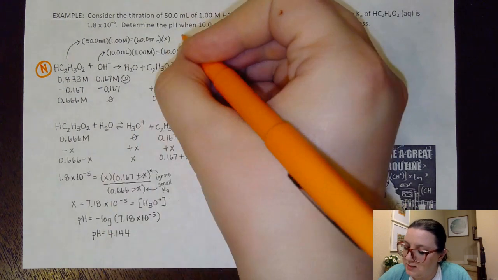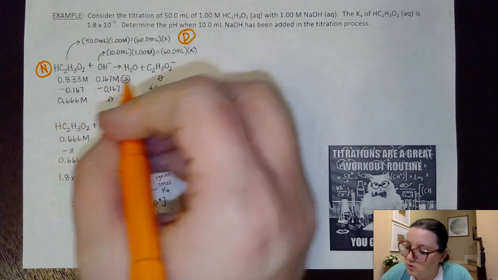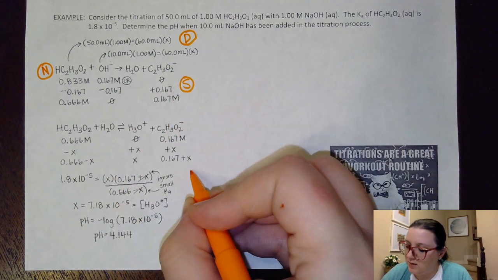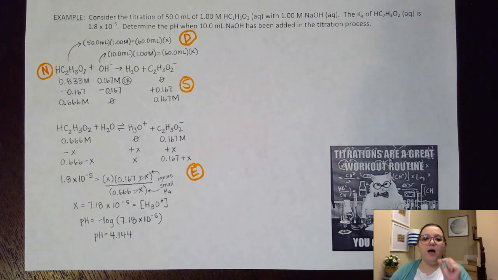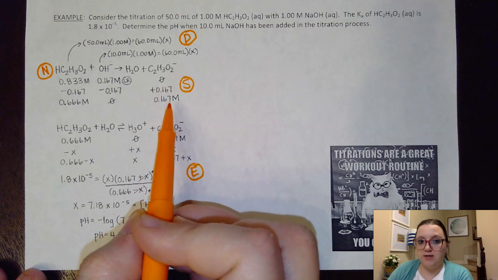Here's my dilution work that I did. Here is my stoichiometry work. And then down here is all of my equilibrium work. Now, I'm going to show you how the HH equation could save you some time. It happens right when I reach the end of the stoichiometry step.